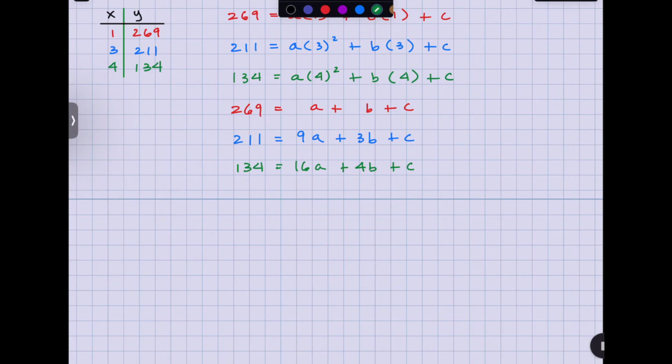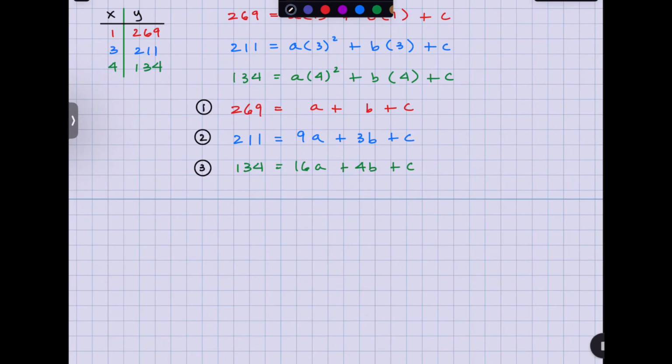So to do this, we typically number these. Equation 1, equation 2, equation 3. And we've got to pick 2 pairs of equations and eliminate the same exact variable.